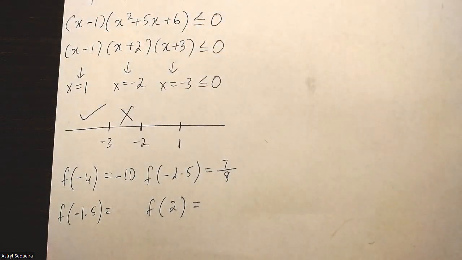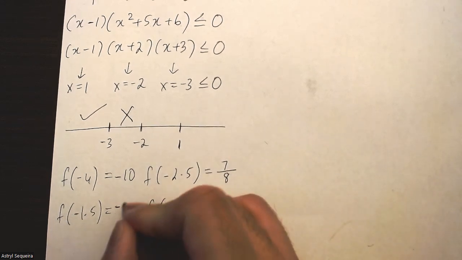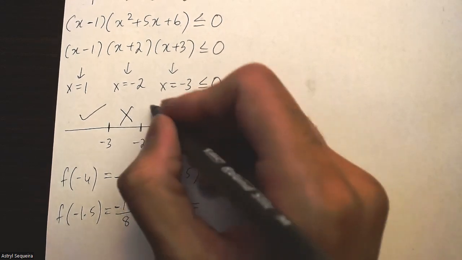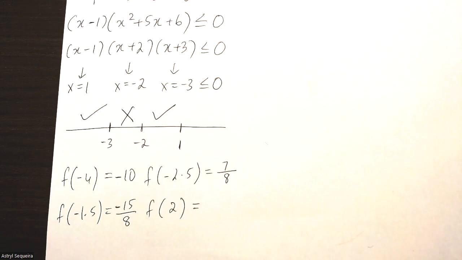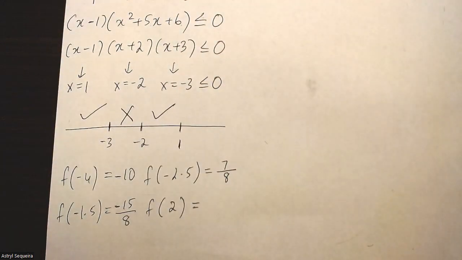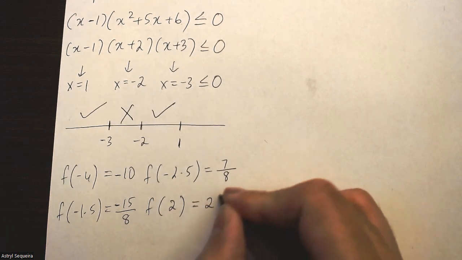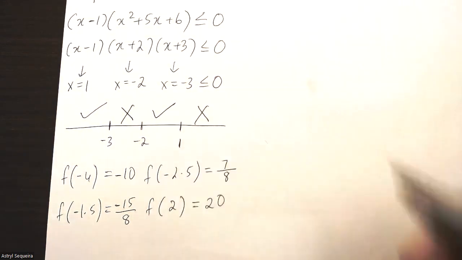Test negative 1.5 next. I'll get negative 15 over 8, which is less than 0, so this is a good interval. And last, I will test positive 2. Which is positive 20, which is not less than or equal to 0.